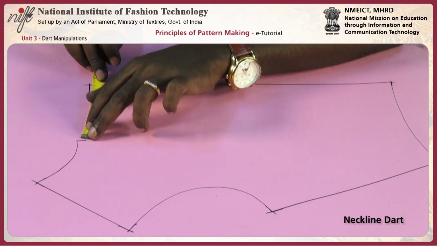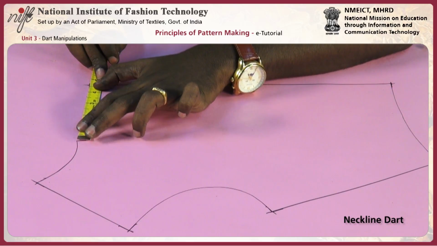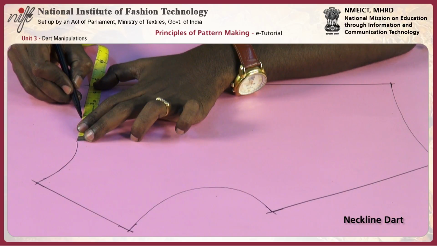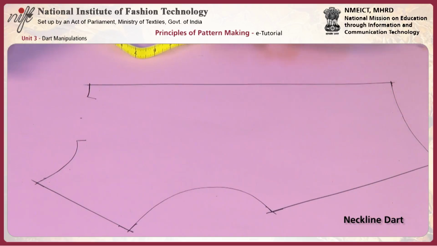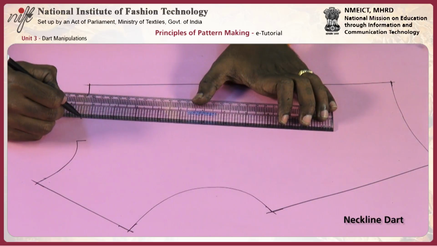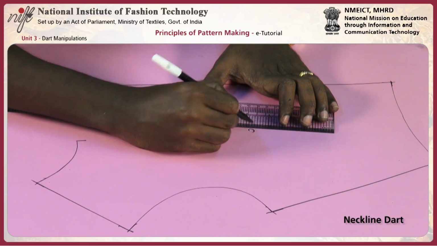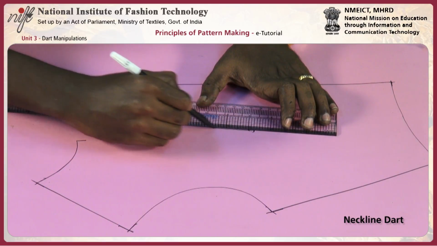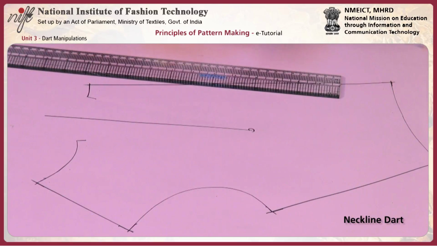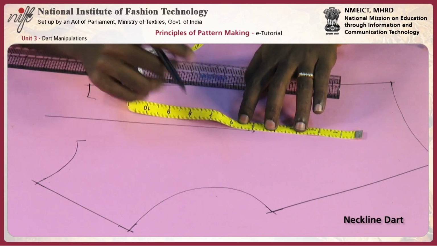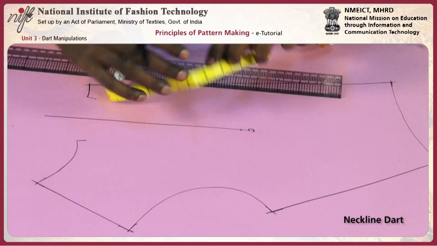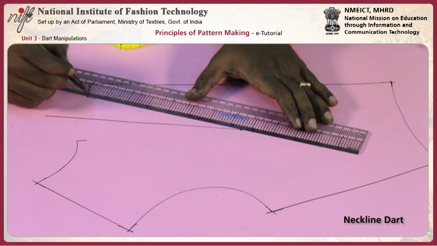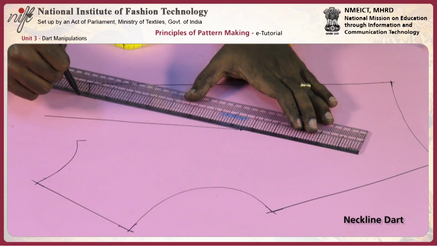Mark the midpoint of the dot, connect to the bust point, mark half an inch above the bust point, connect the dot legs.